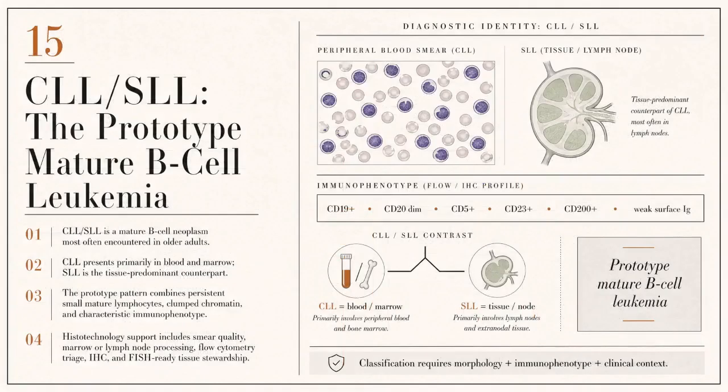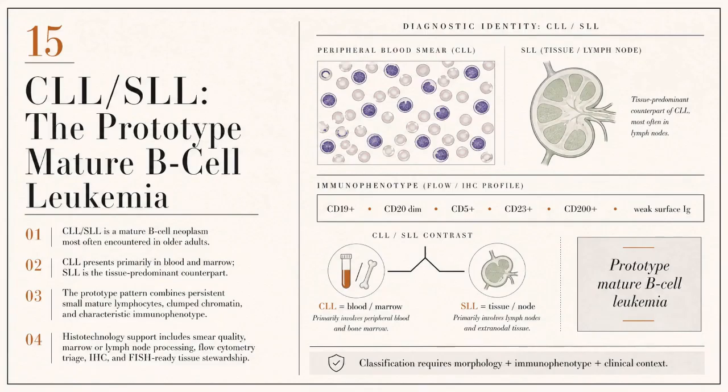As we transition into the detailed study of mature B-cell leukemias, chronic lymphocytic leukemia and its tissue counterpart, small lymphocytic lymphoma, collectively referred to as CLL/SLL, serve as the prototype for this category of hematologic malignancies.